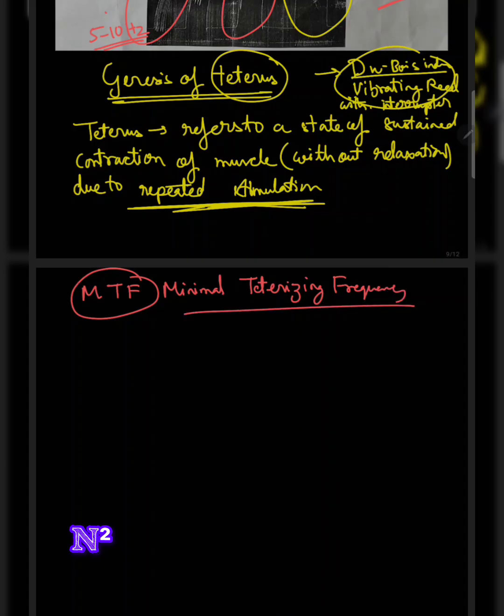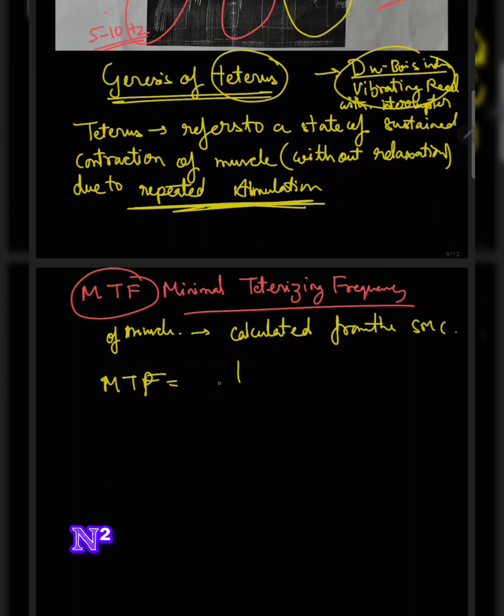The minimal tetanizing frequency of a muscle can be calculated from the simple muscle curve with the formula MTF equals 1 by contraction period.